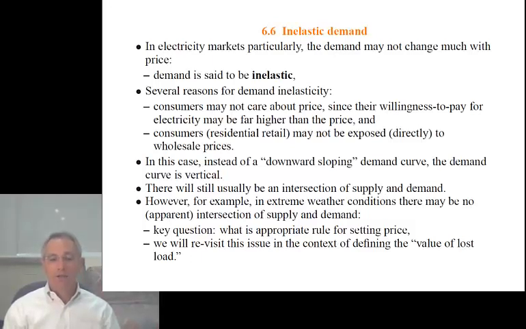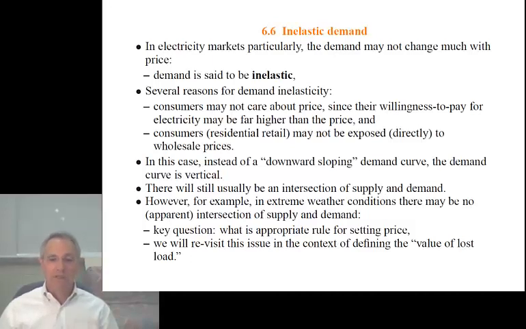So in this case, instead of a demand curve that slopes downward, meaning with greater quantities the prices and willingness to pay would be lower, the demand curve is vertical. There will still usually be an intersection of supply and demand. However, in extreme weather conditions, in the context of electricity, there may be no apparent intersection of supply and demand. And a key question in that case is, what is the appropriate rule for setting the price?